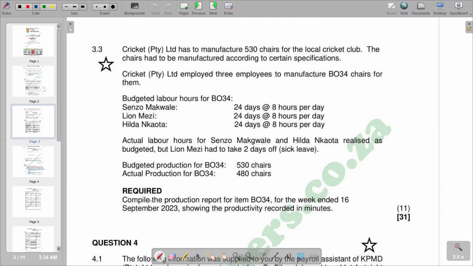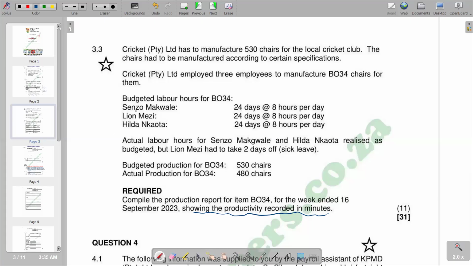On the required part, it reads: compile the production report for item BO34 for the week ended 16 September 2023, showing the productivity recorded in minutes. So before the production report, we go through it step by step.